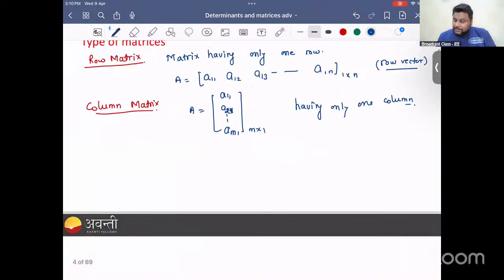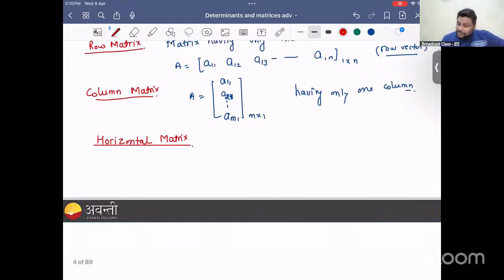Fine. Then there comes the horizontal matrix. A horizontal matrix means like this kind of A, B, C, D, P, Q, R, S. This is a horizontal matrix.